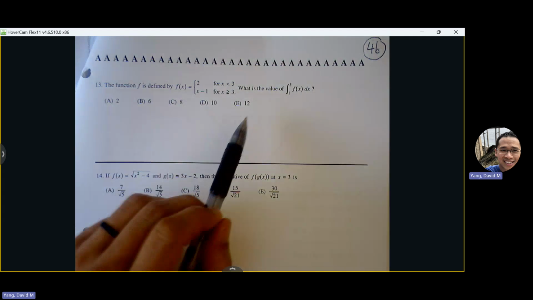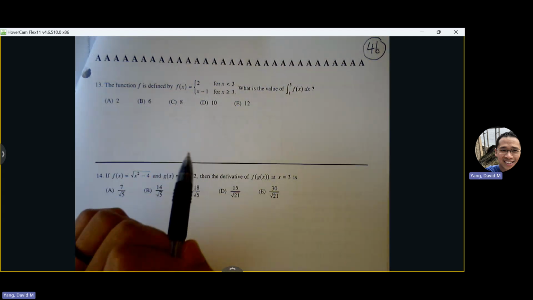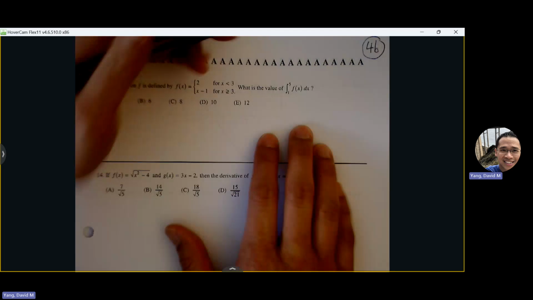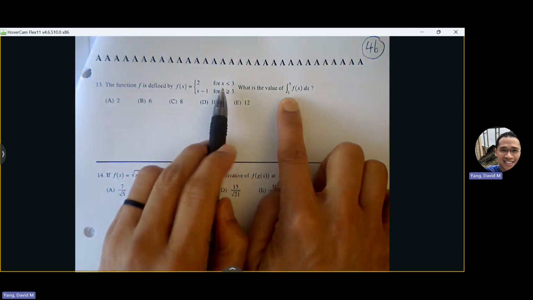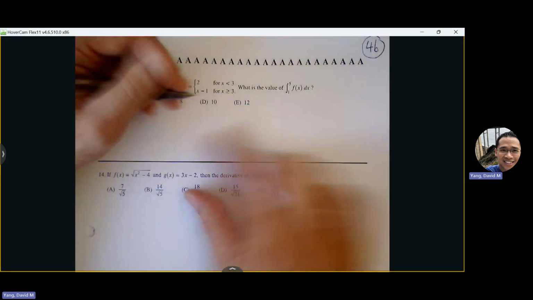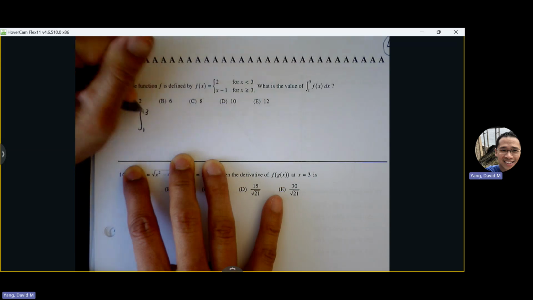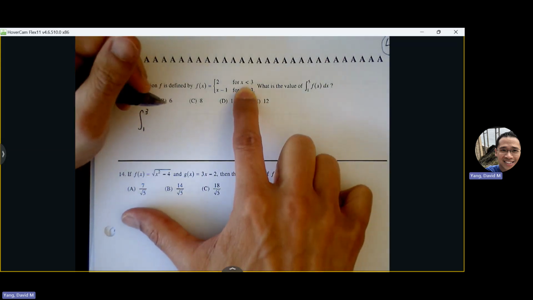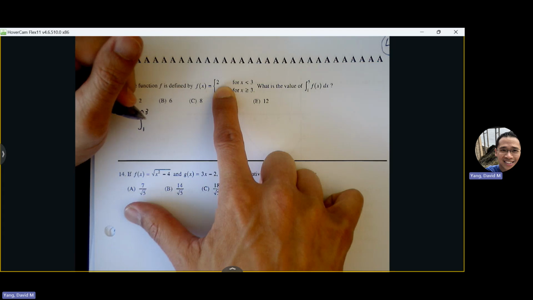We could draw it out and just use geometric shapes, but I think it's easier and faster to just set up using power rule. But we know that if we want to span the region from 1 to 5, there's going to be a different graph on either side of 3. So I'm going to set it up this way. I'm going to say the integral from 1 to 3. To the left of 3, I have a graph of y equals 2.